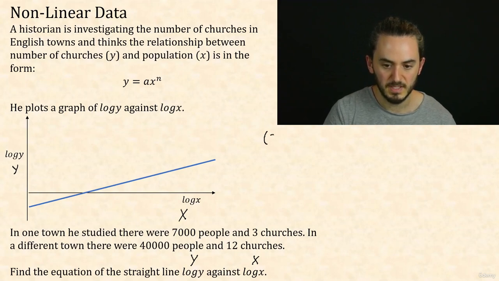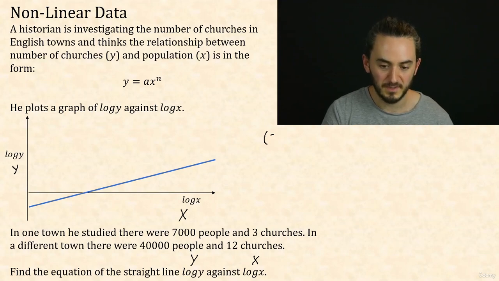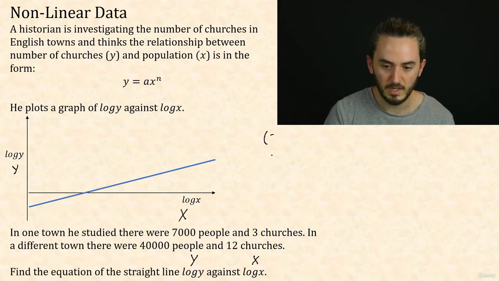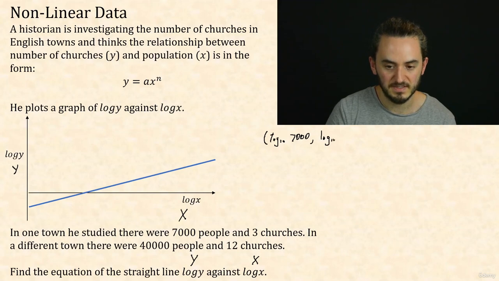We don't want to be plotting coordinates of 7,000 against 3, because that would be y values and x values. We want log x and log y values. So what I actually have is coordinates of log base 10 of 7,000 people and log base 10 of 3 churches. So what is that?